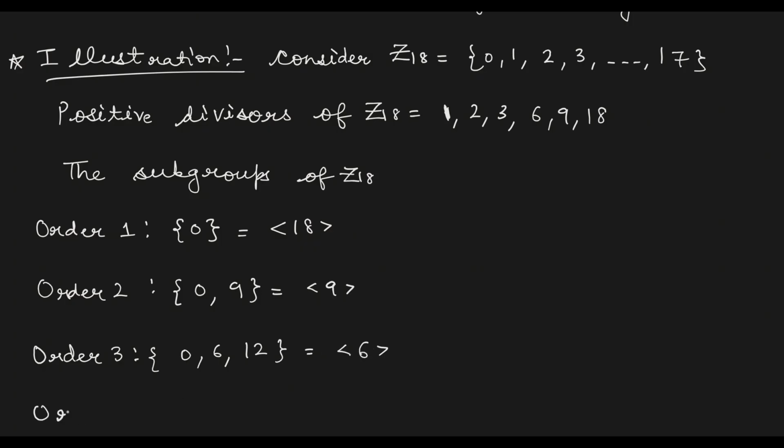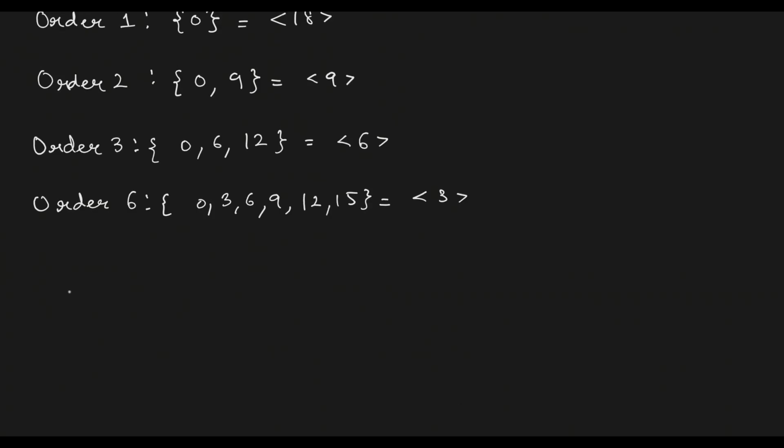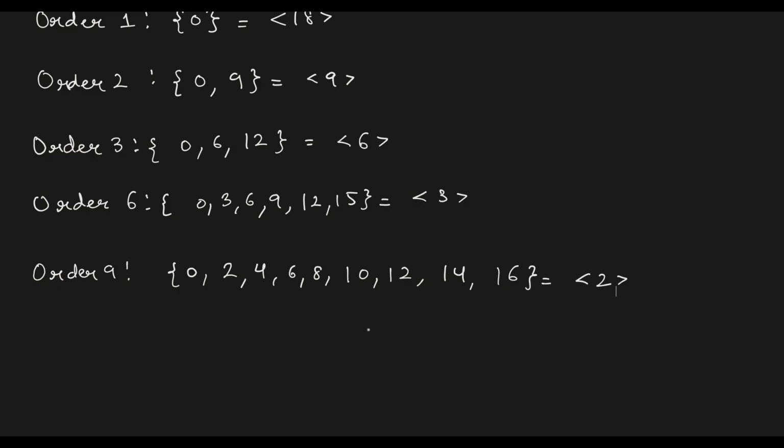Order 6: 0, 3, 6, 9, 12, 15. Order 9: 0, 2, 4, 6, 8, 10, 12, 14, 16. Generator 2. Order 18.